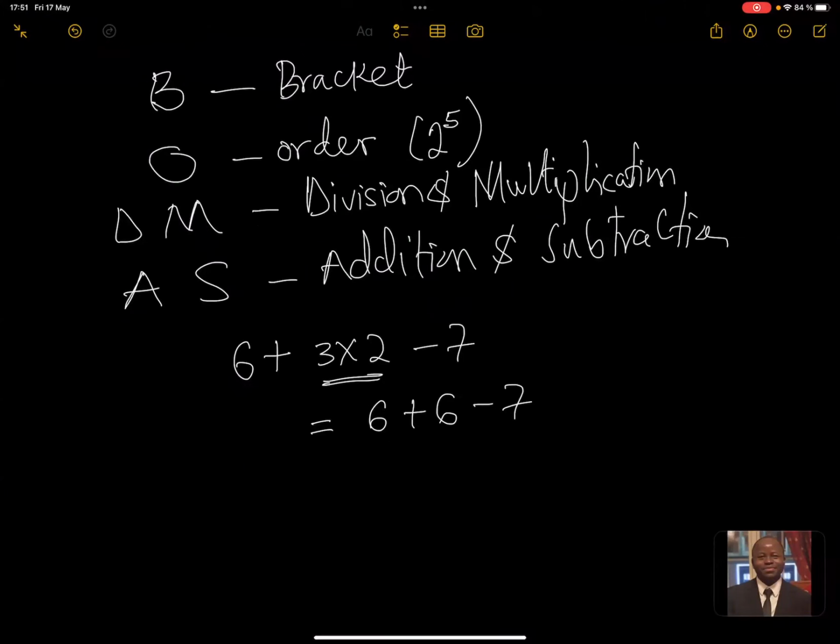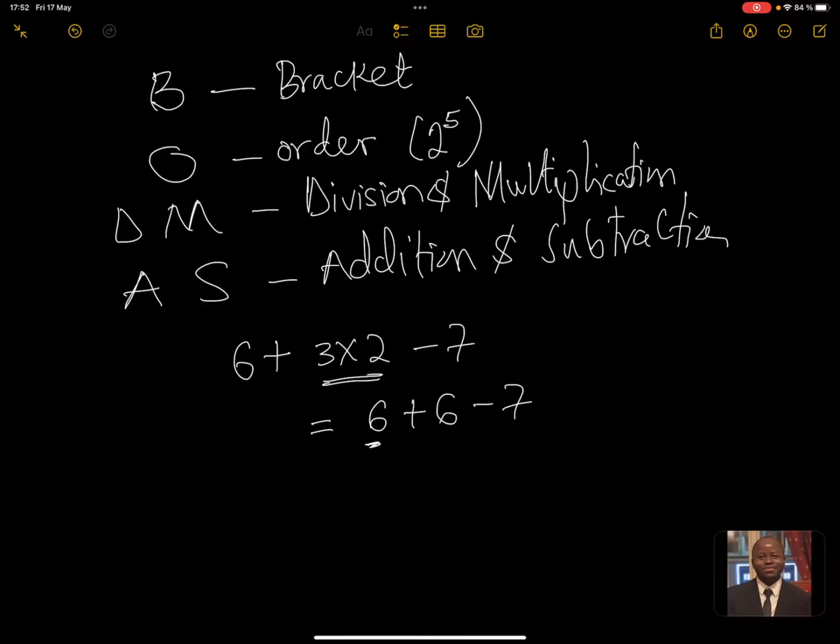So you can see, according to the order of operation, we started with multiplication. So the next thing is to deal with this addition problem. Are we to start with 6 minus 7, or do we start with 6 plus 6? Remember I said addition and subtraction are at the same level. For you to know which one to start from, you need to see which one you see when you are coming from the left to right. This is my left. My left is from 6.